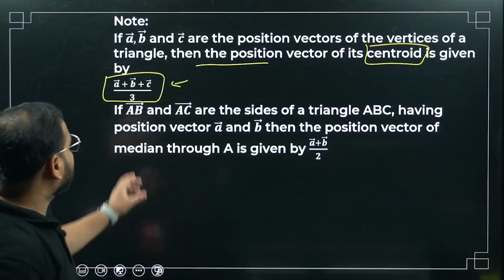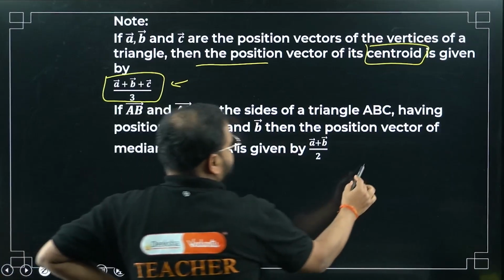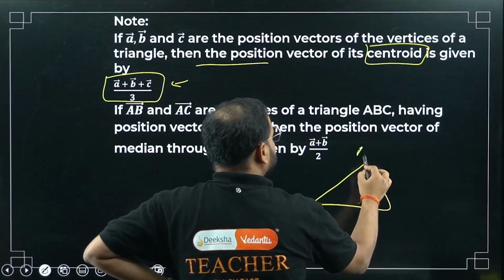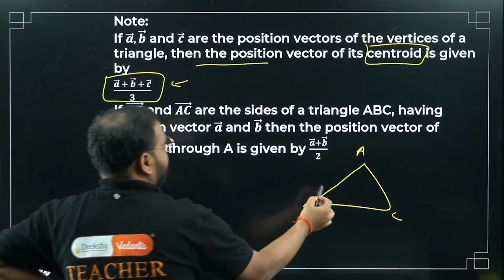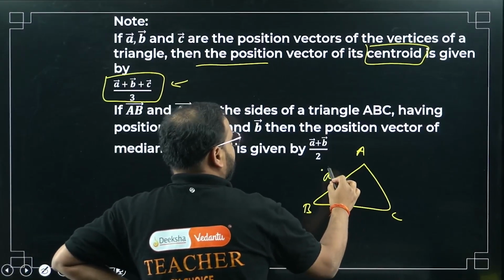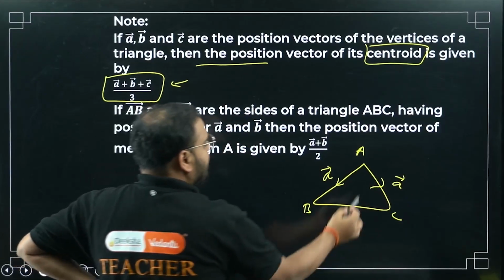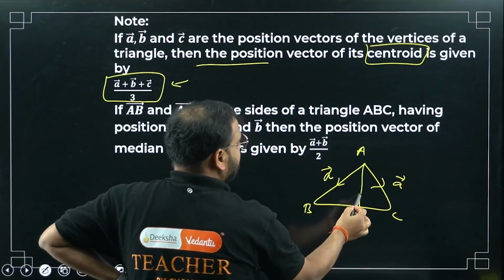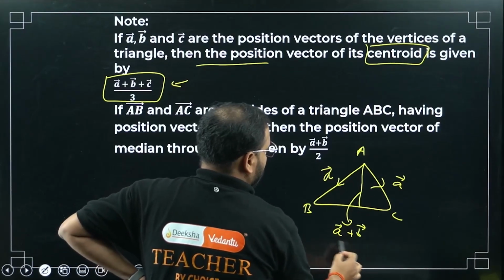Now A, B and C are the vertices of a triangle. If I have a triangle like this, A, B, C, and vector AB is given as vector A and vector AC is given as vector B, then the median drawn from the vertex A will be given by vector A plus vector B upon 2.